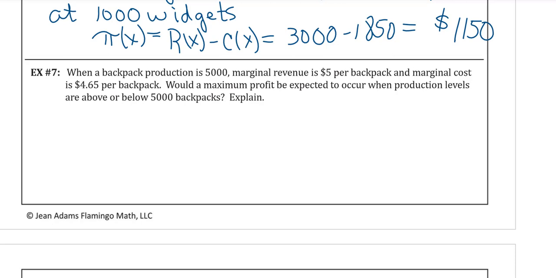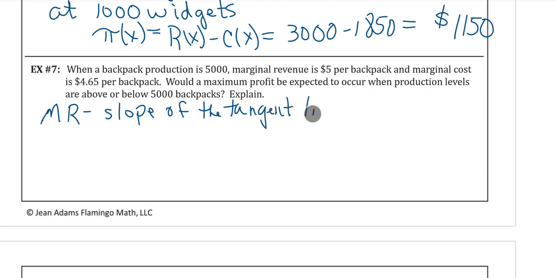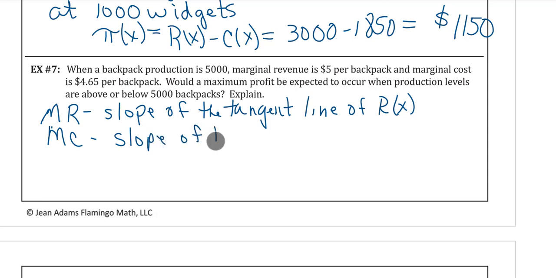Well, what you want to remember is that marginal revenue is the slope of the tangent line of our revenue function at specific values. And same with our marginal cost. Marginal cost is going to be the slope of the tangent line of our cost function.